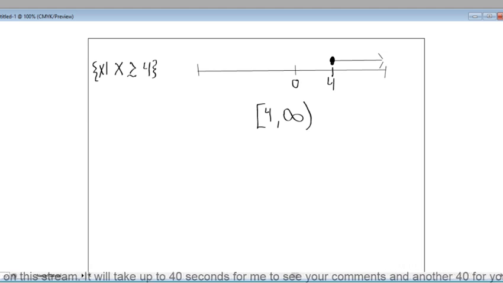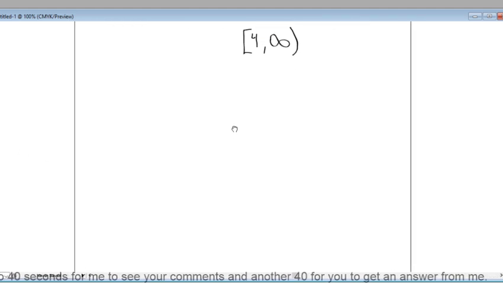Now, I also left us off with something called union, a new operator. It's an operator that's used specifically for sets.